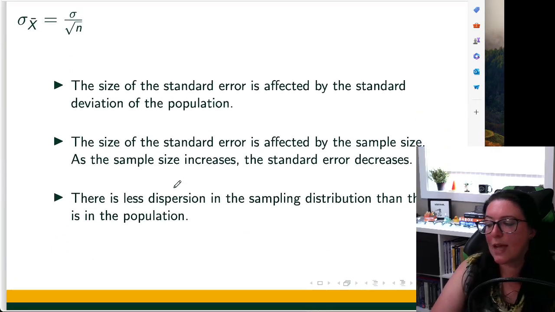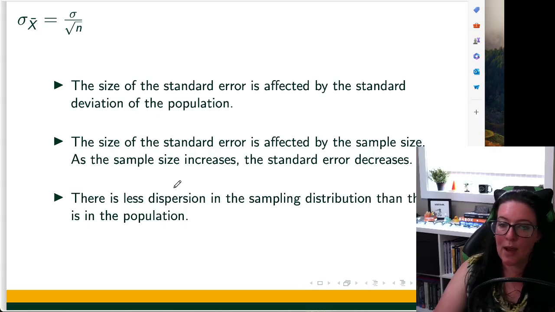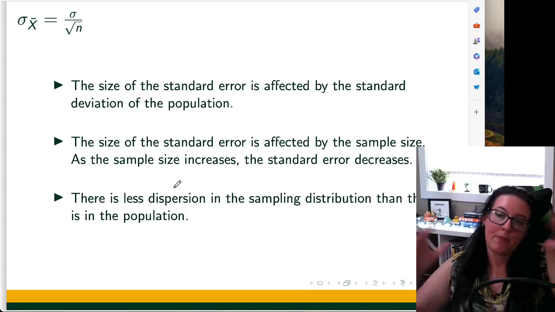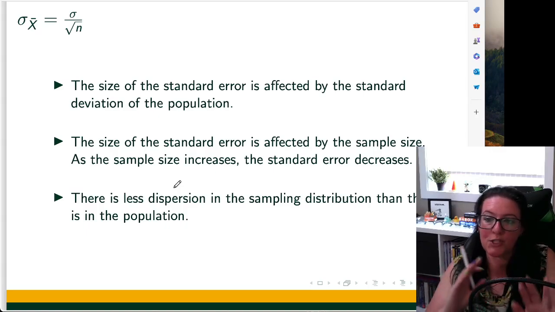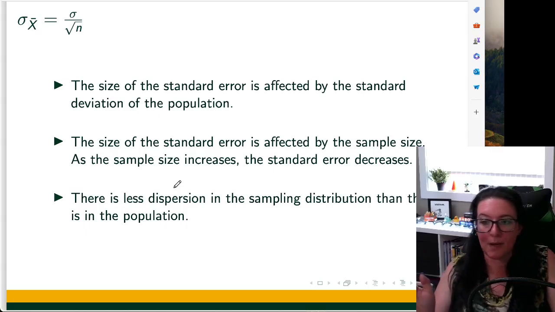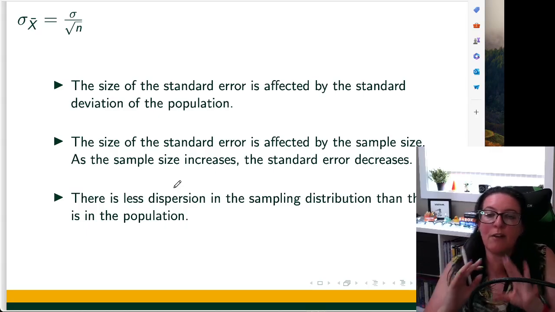So the size of the standard error is going to be affected by the standard deviation of the population. It's going to be affected by the sample size. As the sample size increases, your standard error is going to decrease. The bigger your sample, the less variability in the averages you take because you're really covering everybody in the population. So it's not going to vary as much.